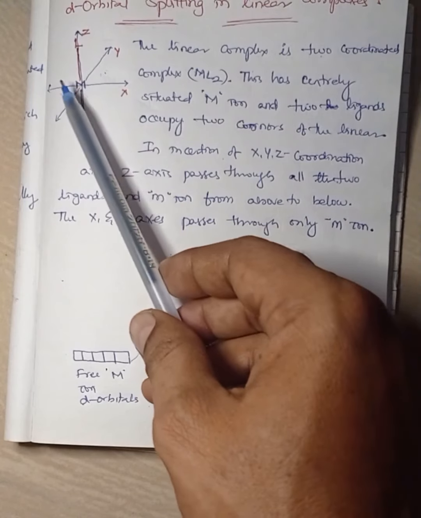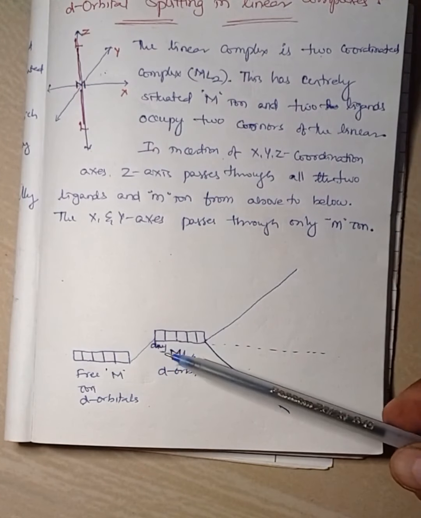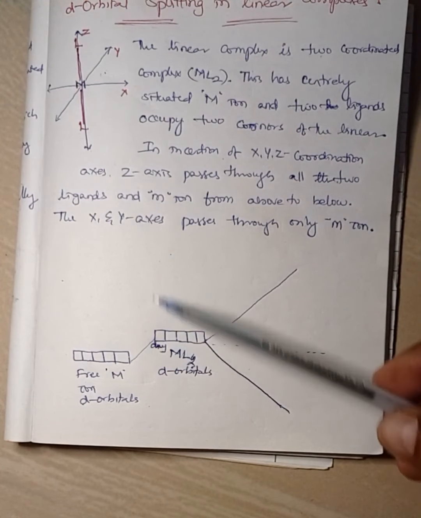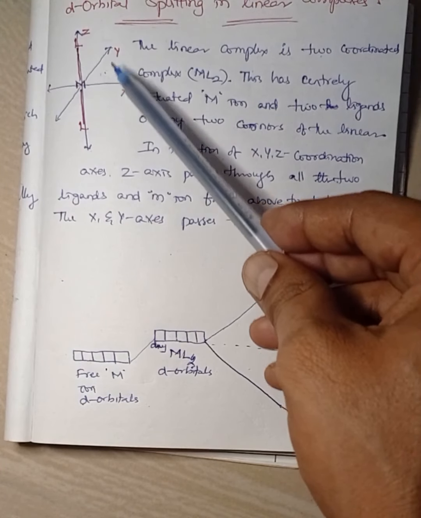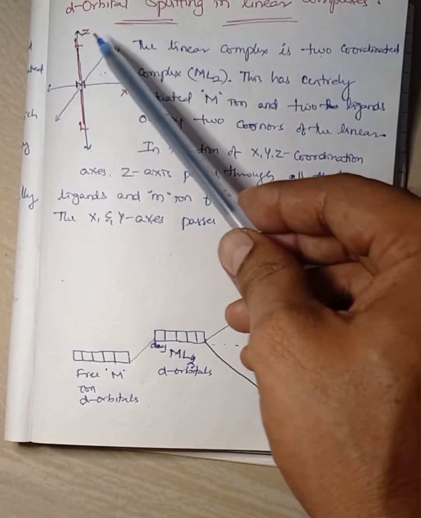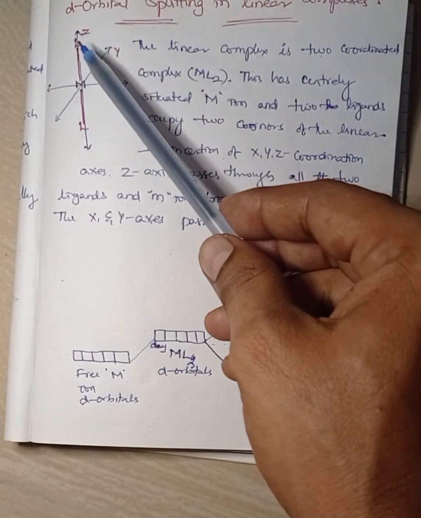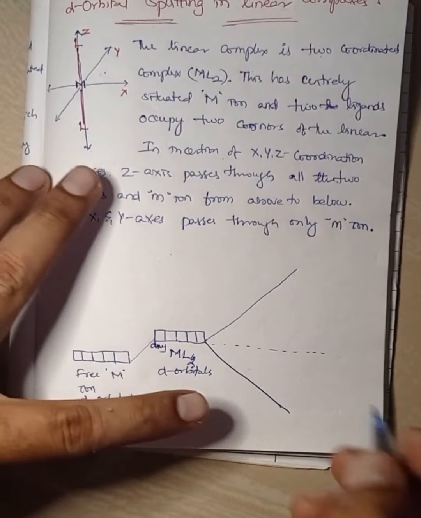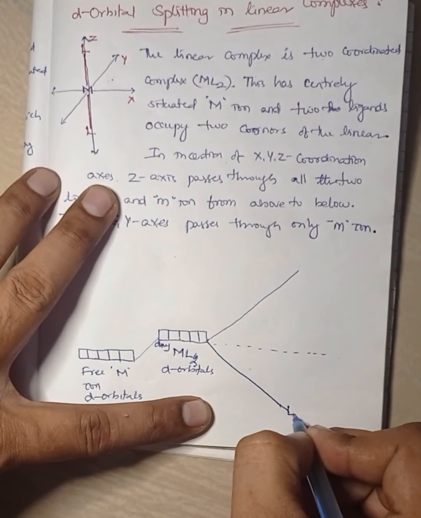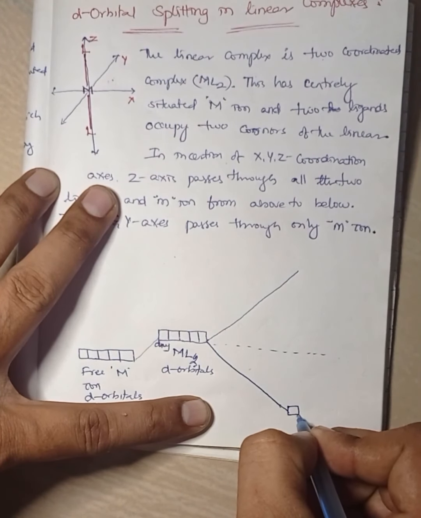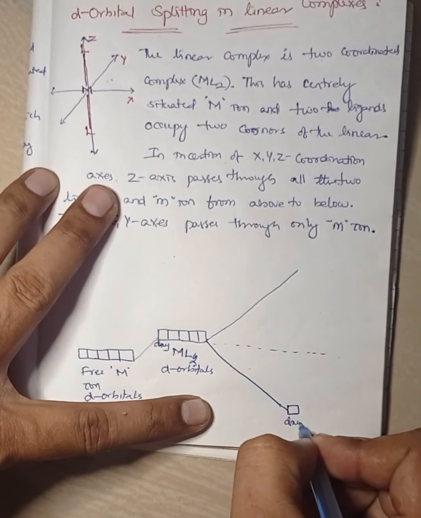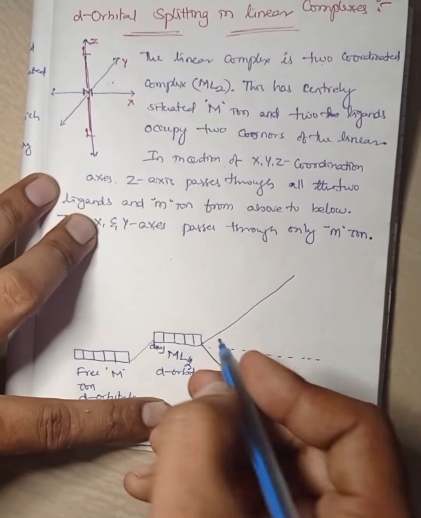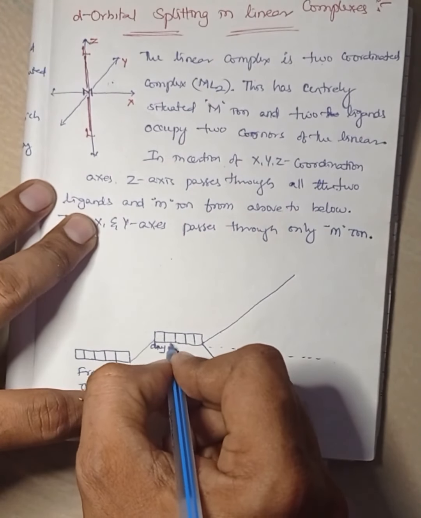So the lobes of dxy, which are in between the x and y coordination axes, will never have any interaction with the ligand sites. Having no interaction with the ligand sites, the dxy orbital gets stabilized and reaches the lowest energy.